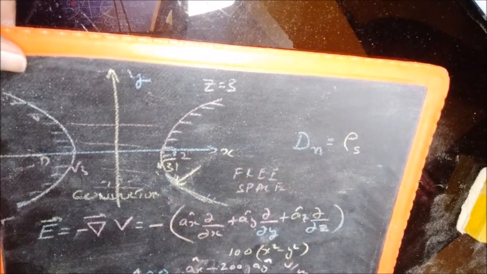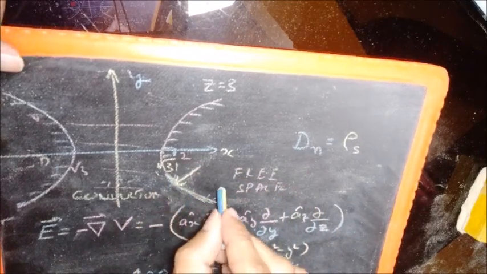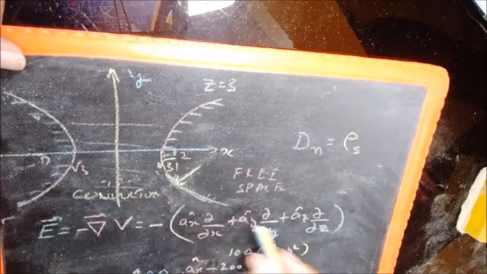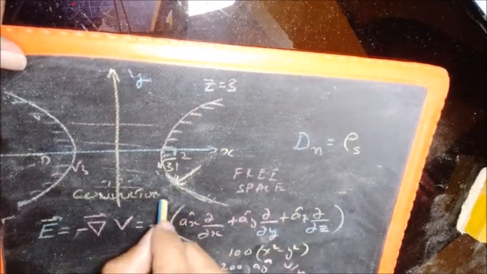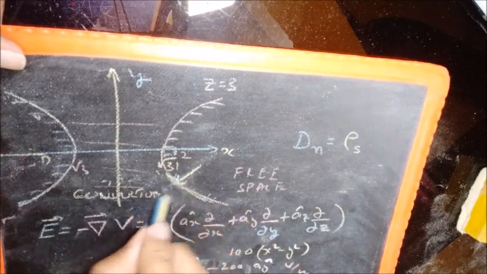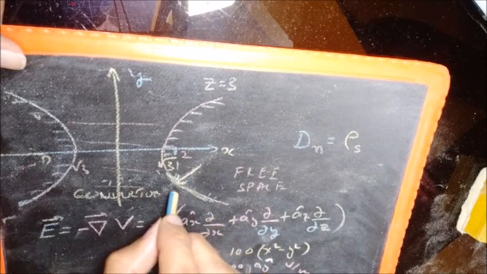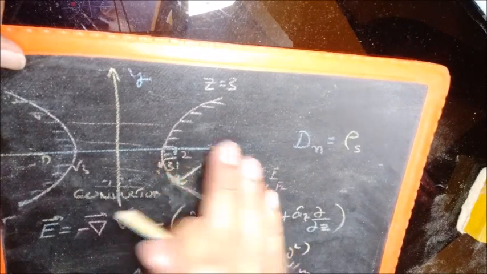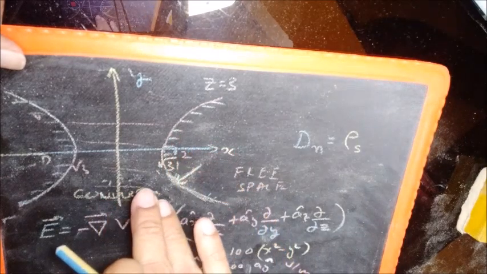So depending on where the free space is and where the conductor is, the polarity of rho s will change. So to repeat again, if this is free space and this is conductor, the electric field direction will remain the same, but in the conductor there will be no electric field. Electric field will be here, and since electric field is emanating from the surface of the conductor, rho s will be positive.